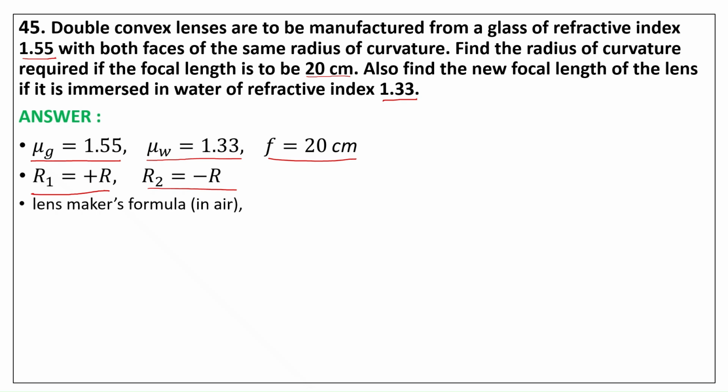Therefore, lens maker's formula in air: 1 by f is equal to mu g minus 1 into bracket 1 by R1 minus 1 by R2.